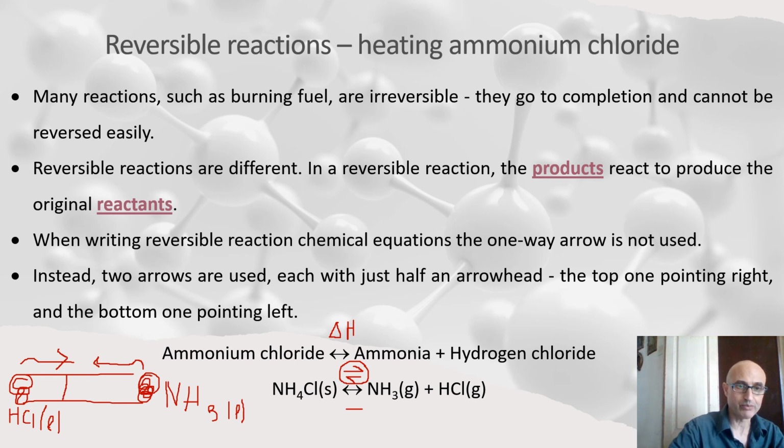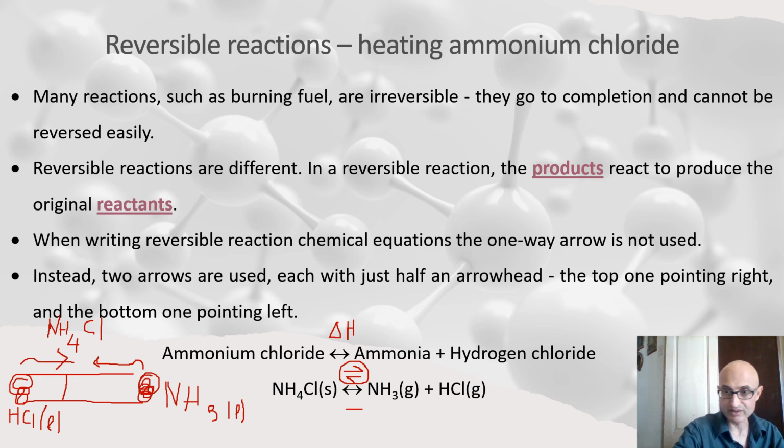Where they meet, they will join together, and at that point they will form a white crystalline deposit of ammonium chloride. It's a white line, okay? The point is this. You have gone from ammonia and hydrogen chloride to ammonium chloride.